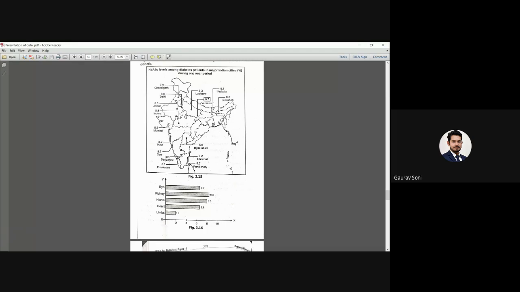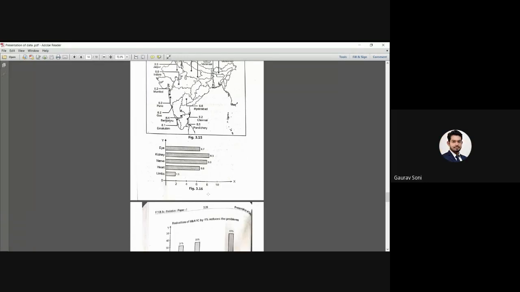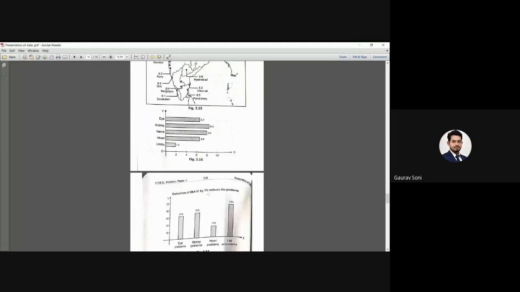Name the smaller type of complications among diabetic patients. Limbs. If HbA1c reduces by 1%, then which type of problems get reduced most?